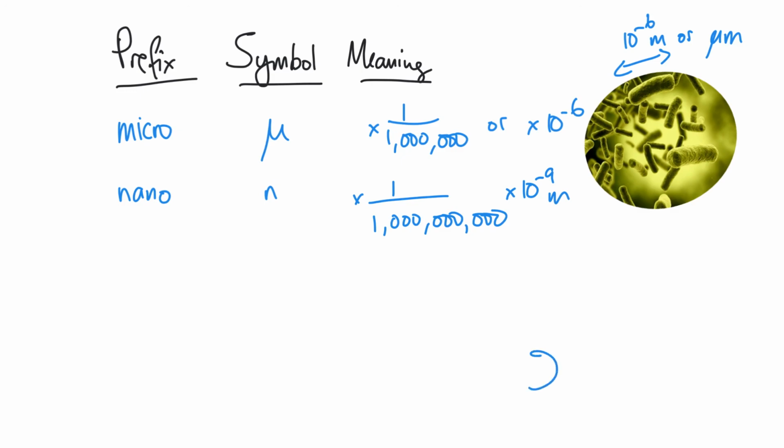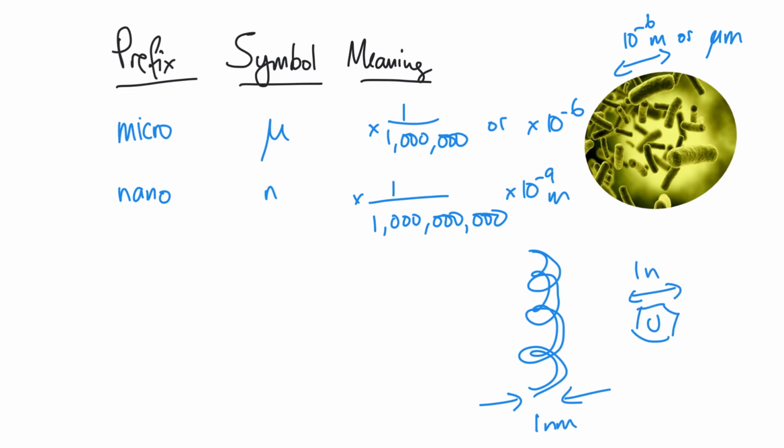Well, if you looked at, say, the DNA spiral, the double helix, so I guess I've only got half a helix there, it would be on the order of 1 nanometer wide. Most molecules are also on the order of about a nanometer wide. So most of the things that make up the structures in your body are made from molecules, and most molecules are on the order of about a nanometer across.